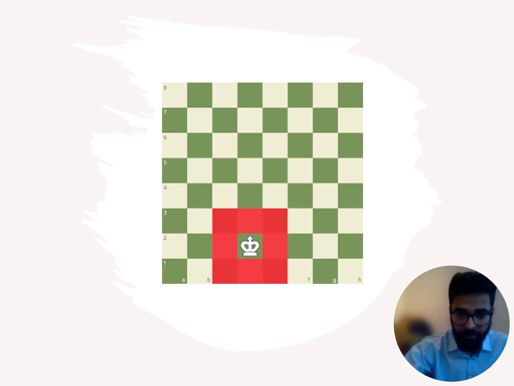So this is our king, and you can see it is covering each square, one square to the side, up. It is going in all directions, and at a time it could cover at most 8 squares.